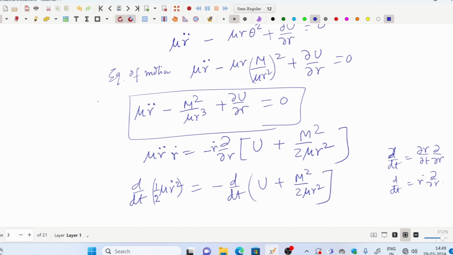So what we did, this is the equation of motion, and the equation of motion I multiplied both sides by r dot.